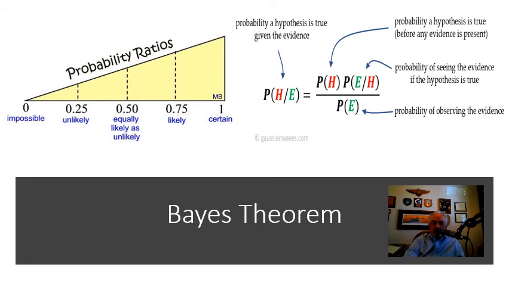Okay, now don't get tangled up with some of these terms here. All right, they're all basically meaning the same thing. So when we say the probability of seeing the evidence if the hypothesis is true, another way of saying that is the probability of E given that H is true. Okay.